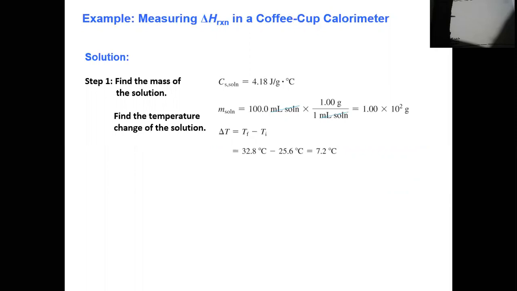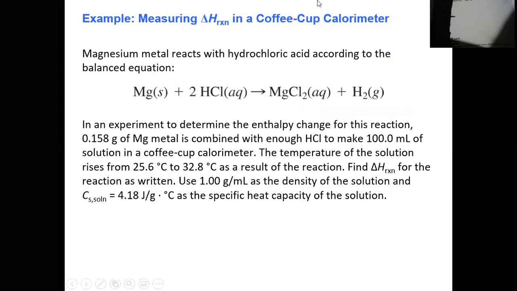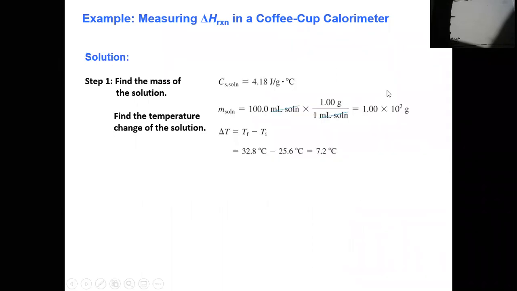Then we need to know the mass of that solution. Now, if I flip back real quick, it tells us here that I have 100 milliliters of the solution, and that my density of the solution is 1.00 grams per milliliter. Okay, those 2 pieces of information are going to be important for me to find the mass of my solution, which I need.